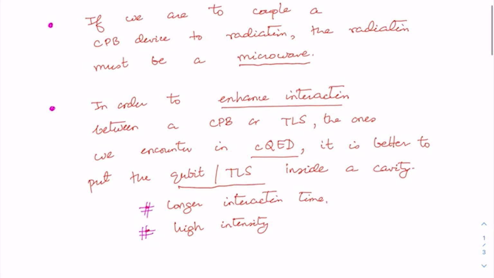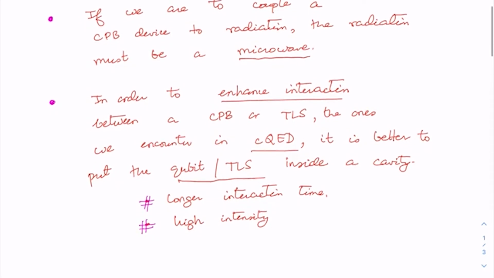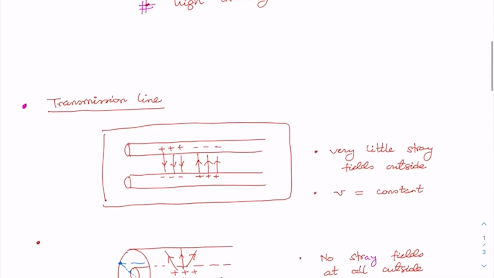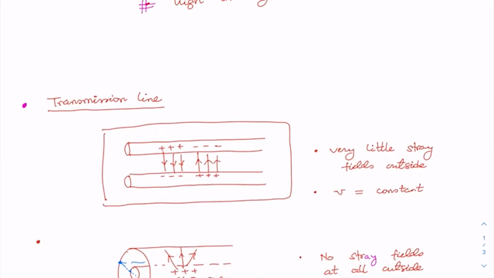And we can have a microwave cavity using the so-called transmission line, and we discussed transmission line. It can be constructed by considering, say, two metallic wires parallel to each other, or a coaxial cable, two concentric metallic cylinders, that is also a transmission line.